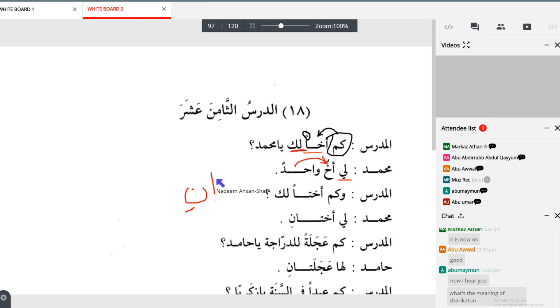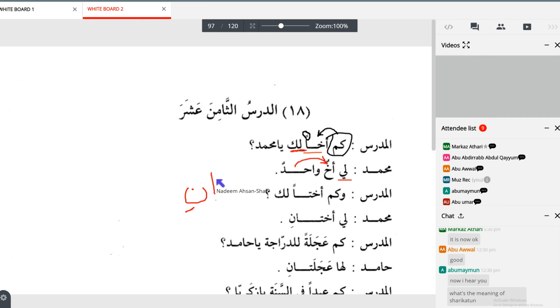So the questioner says, Kam ajalatan. Because the word originally finishes with ta marbuta, whether it's mudhakkar or mu'annath, it is still going to have the 2 fathas on top of it.